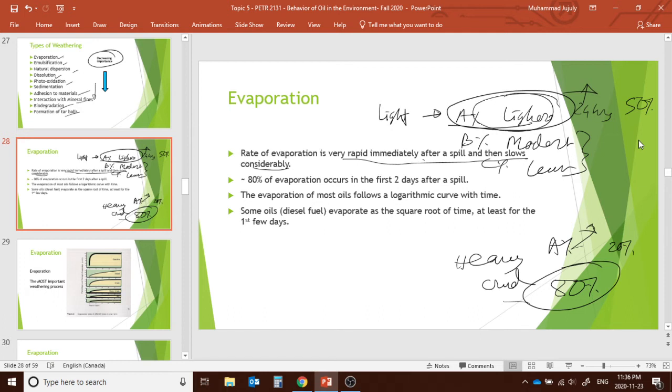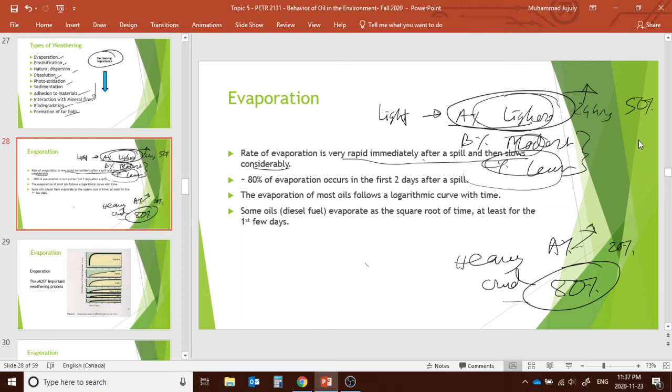That means the lighter portion and some of the moderate portion evaporate, but the heavy crude oil doesn't evaporate at all. The evaporation of most oils follows a logarithmic curve over time.